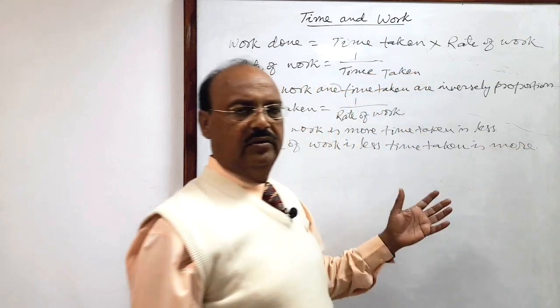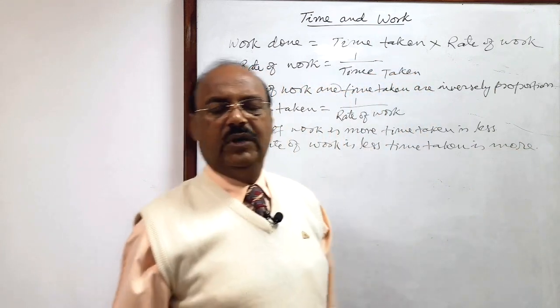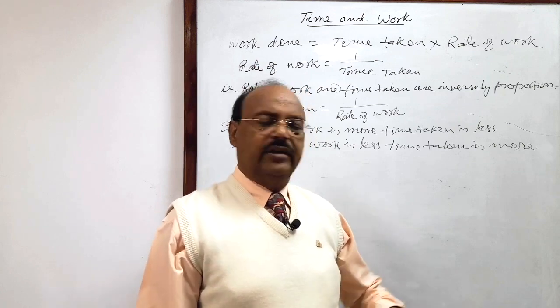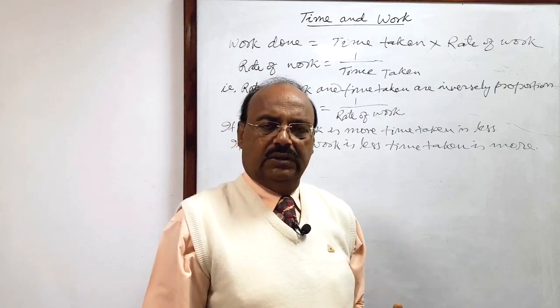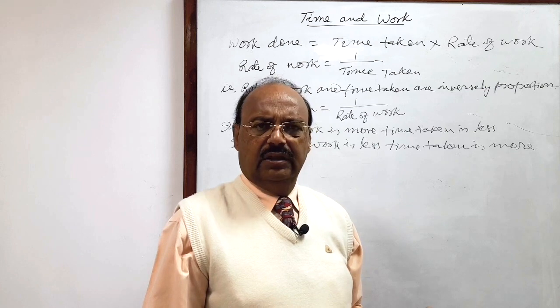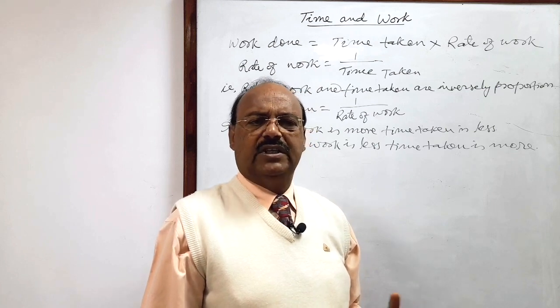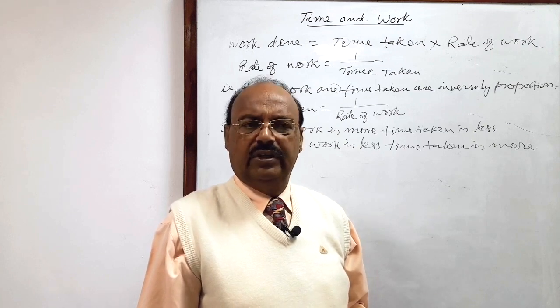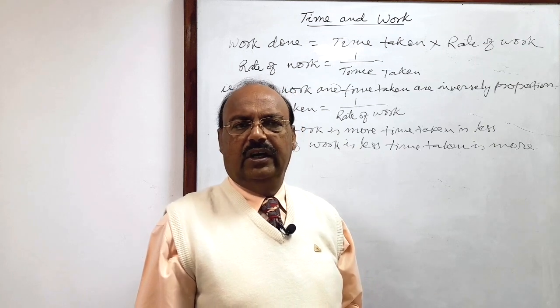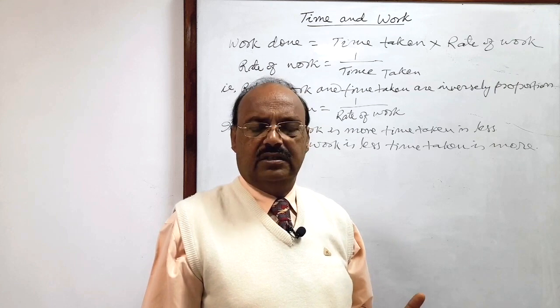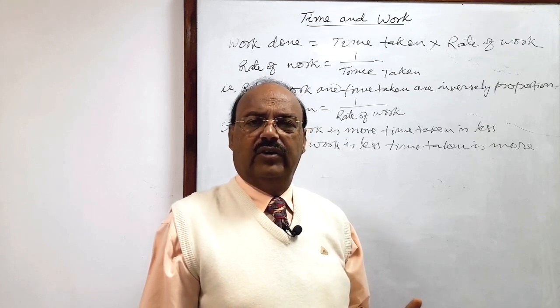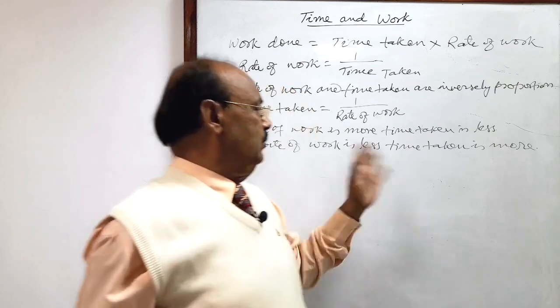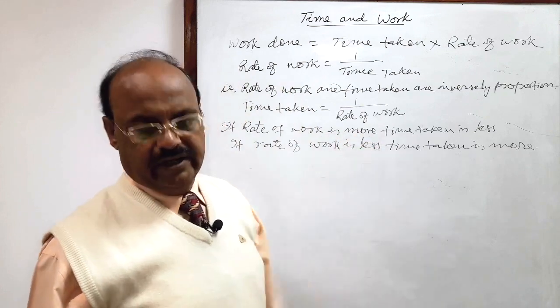This is very simple. If rate of work of any man is less, means he is working very slowly, then naturally more time will be required. And if the man is fast in working, then he will require less time. So inversely proportional, that's what we are trying to understand here.